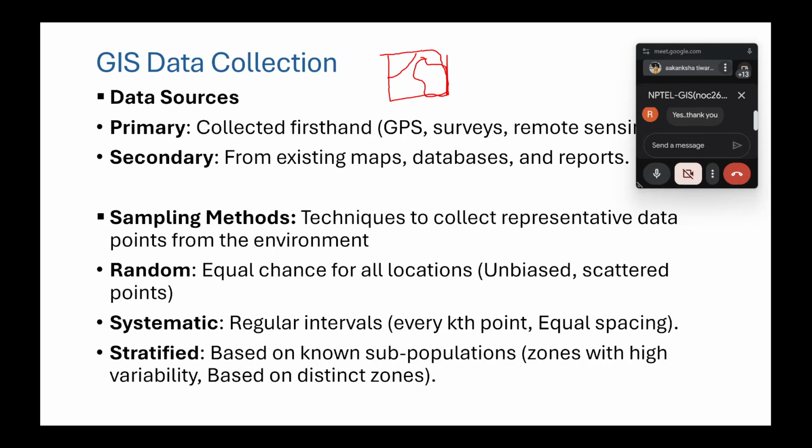So we need to have samples from all three zones. So in this stratified method, we divide the area into different zones, and from each zone or subpopulation, we are going to sample. Okay, so this is the third type of sampling method that we have.